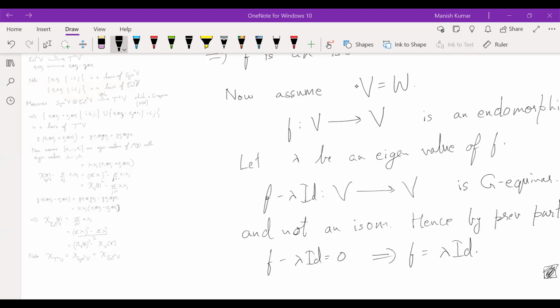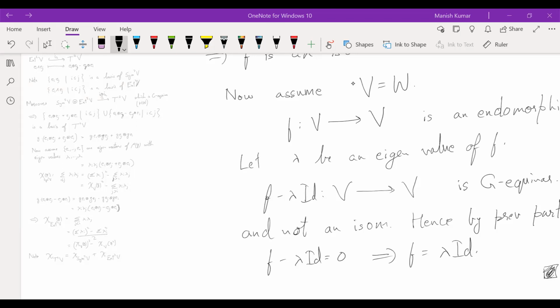Over here, can we also directly say that the eigenspace is G stable? Yes, the eigenspace will be G stable, and it's non-empty, so it has to be V by irreducibility. You have to give an argument that the eigenspace is G stable, but it's the same argument, using that f is equivariant.